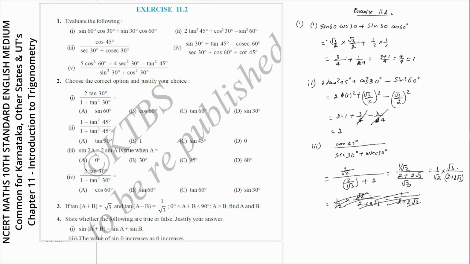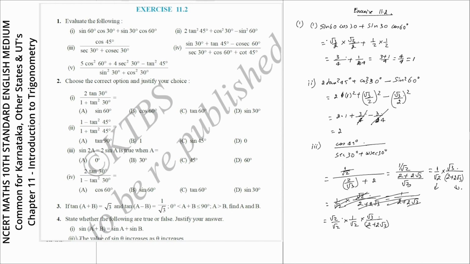Okay, now here there are two irrational numbers, this and this. So I'll rationalize, first I'll rationalize the first part. So I'll multiply and divide by root 2. So when I multiply and divide by root 2, I'll get root 2 by root 2 into 1 by root 2 into root 3 by 2 plus 2 root 3.